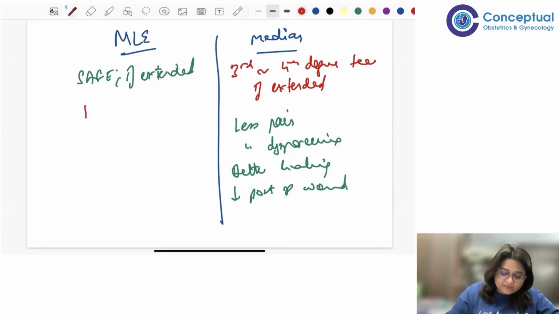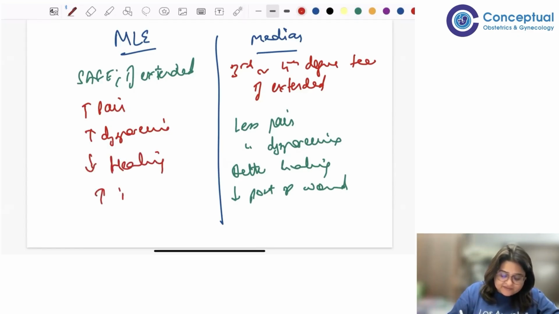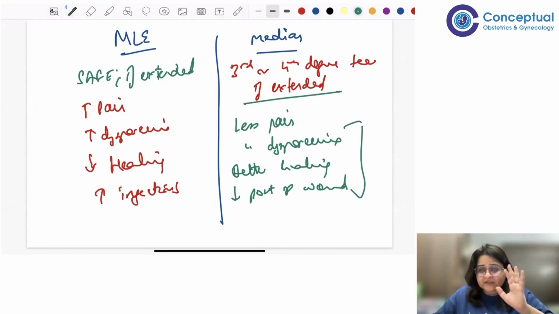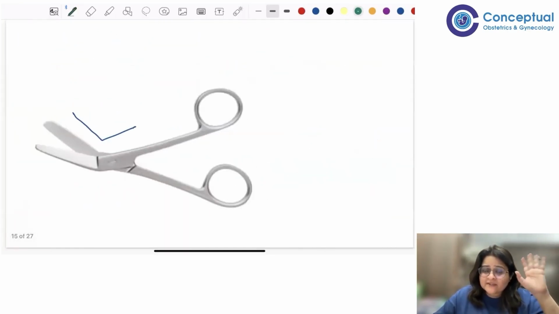You have more pain, more dyspareunia later on, poorer healing, and a higher incidence of infections and other wound related complications. That's why, although a median episiotomy has fewer other complications, the biggest complication is what we're so scared of, so the WHO, FOGSI, everyone says a mediolateral episiotomy is better.